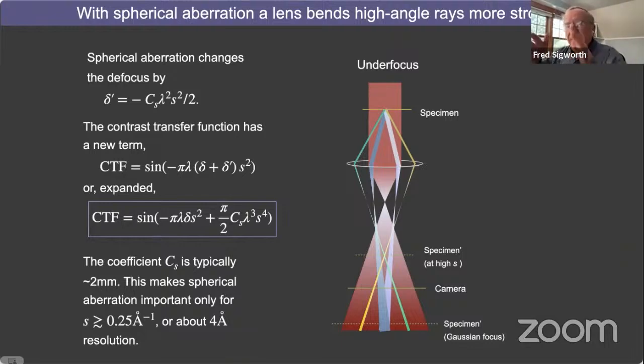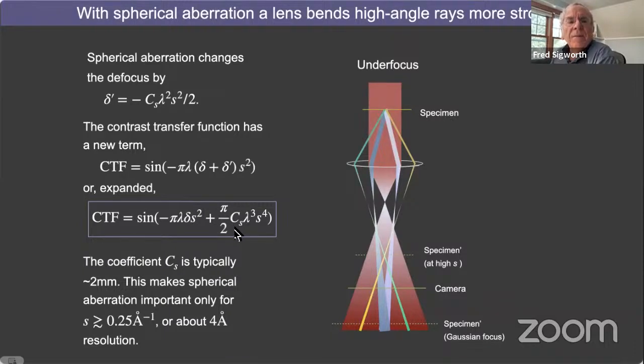So it goes as the size of this diffraction angle squared. What we have to do now is include not only our regular defocus but this modified defocus delta prime, and if we work it out, it looks like this. Here is the original defocus term. It depends on the wavelength, the amount of defocus, and the spatial frequency.